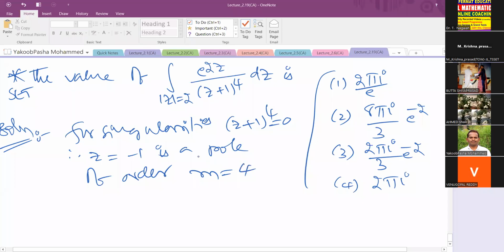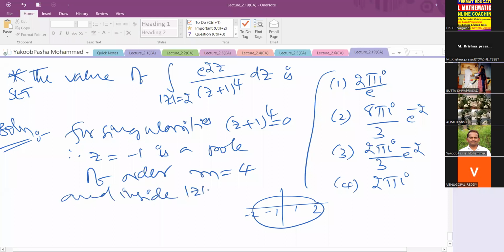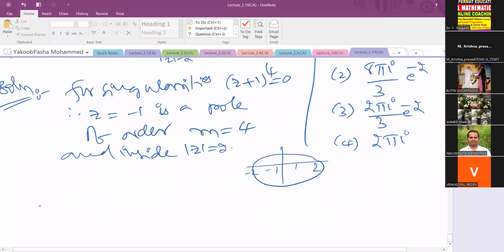So we have to calculate the residue. Modulus of z equal to 2, minus 1 is clearly inside modulus of z is equal to 2. At this point, we have to calculate the residue.